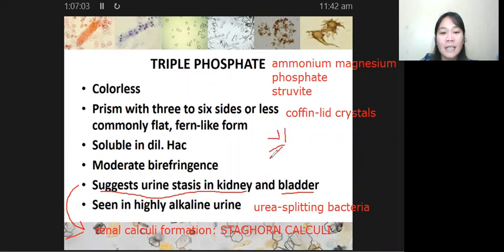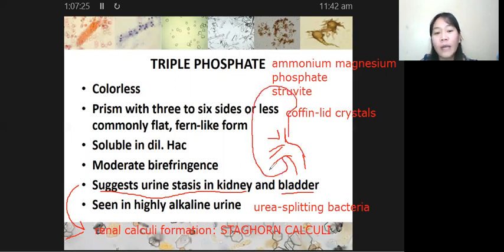Which will eventually merge to form your major calyces, so on and so forth, 'di ba? Bago ka magkakaroon ng renal pelvis, so kunwari, yan yung kidney mo. Okay, sorry sa drawing ko. So we have your minor calyces, your major calyces, and then your renal pelvis, and then your ureters.